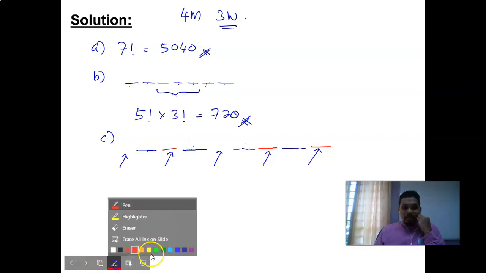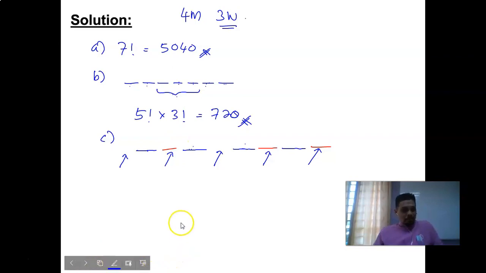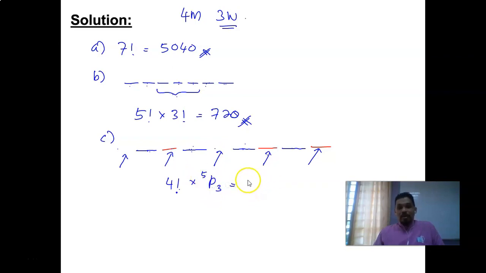So then we come up with the calculation. 4 factorial times, there are 5 spaces for the girls, 1, 2, 3, 4, 5, and we only need to arrange 3 seats for them, 3 spaces. So it is 5P3. Use a calculator to give 1,440 different arrangements.